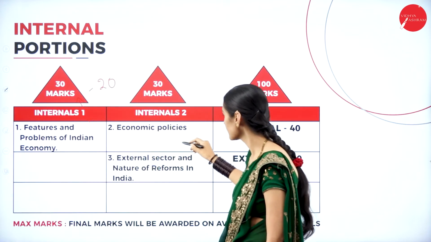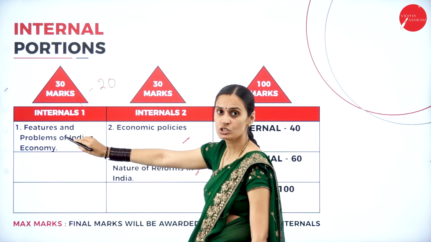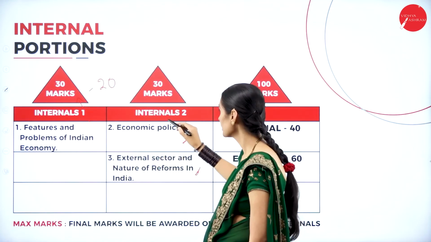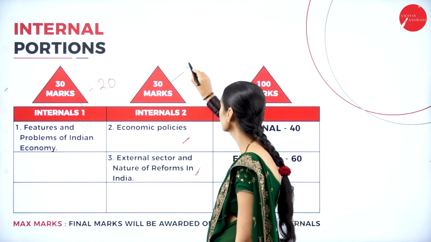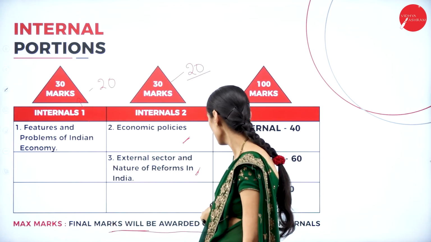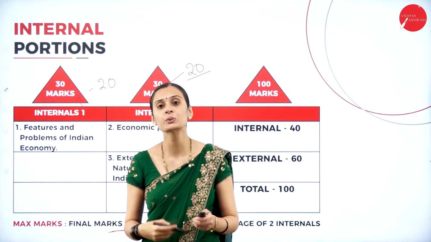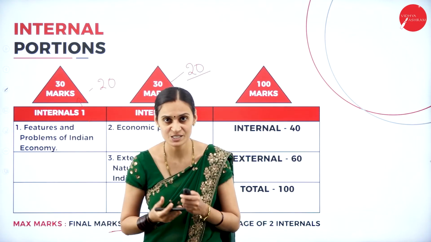The second internal is for 2 units, first unit for the first test, and second and third units for the second test. The second test is also for 30 marks, afterwards made for 20, and the final marks will be awarded on the average of the 2 internals. And you are going to write the semester exam for 60 marks.